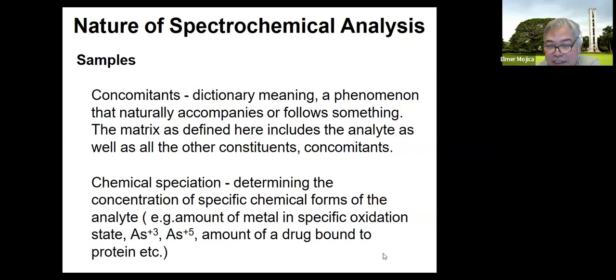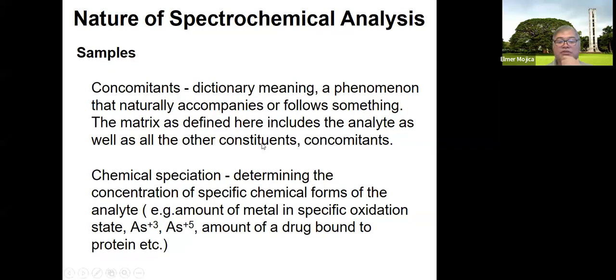So if you have the analyte that is iron present in large amount, as it determines to a large extent the bulk property, so we could say the matrix is no longer composed of just the concomitants. Okay, and in some analysis, information about specific chemical species is of interest. So we have here this chemical speciation. So this is determining concentration of specific chemical forms of the analyte.